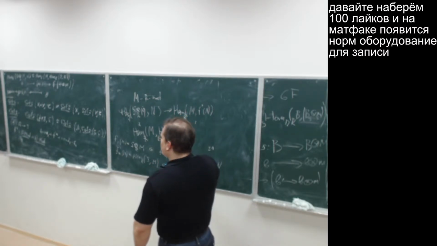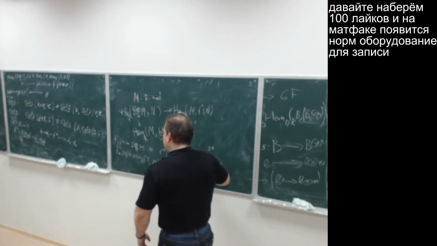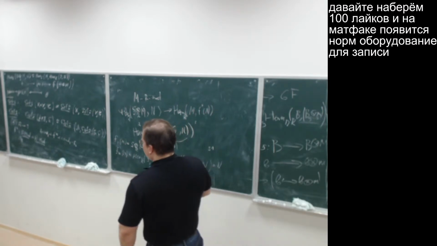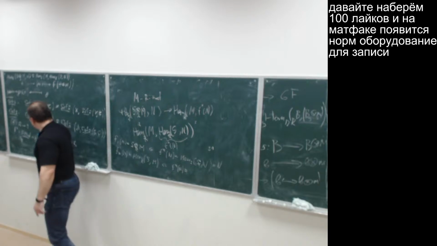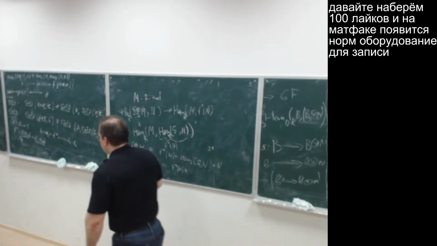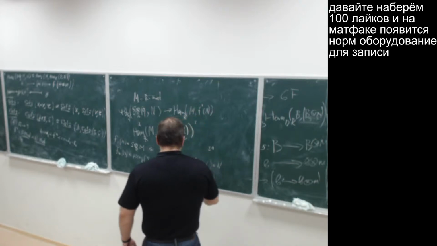Well, what's M? N? N is an R module. Wait, well, this is an adjoint, so it goes the other direction. So it's an R module.